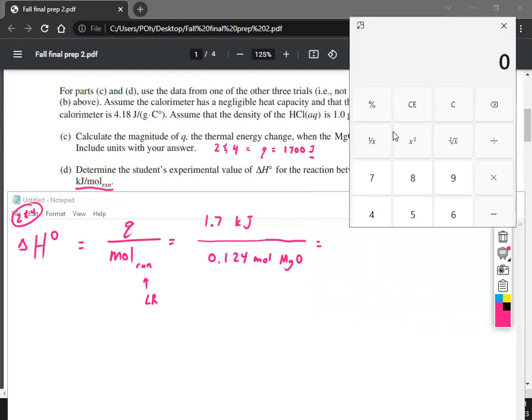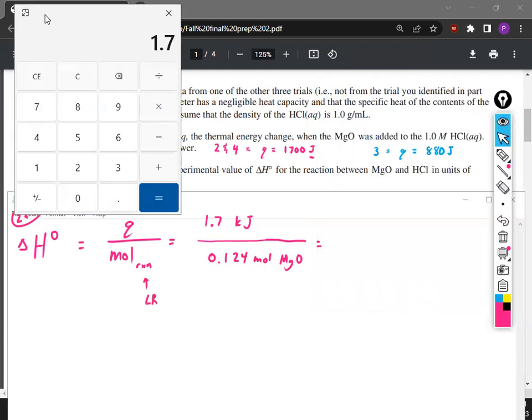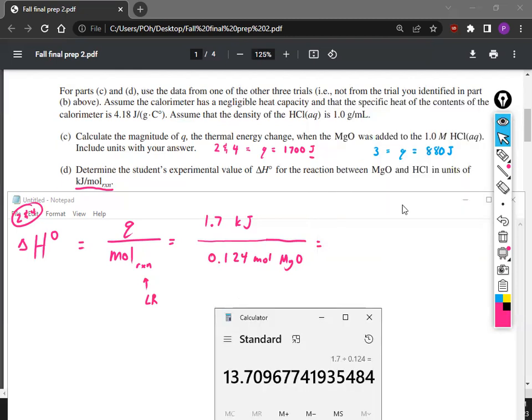Okay, so we're gonna punch that into our calculator. 1.7 divided by 0.124. Oh my goodness. Did I punch something in wrong?